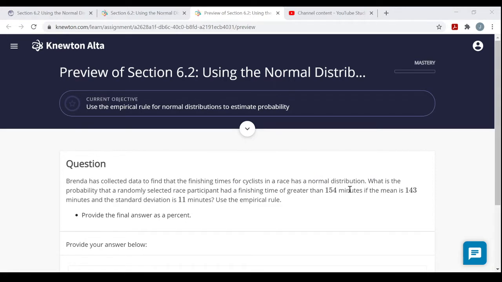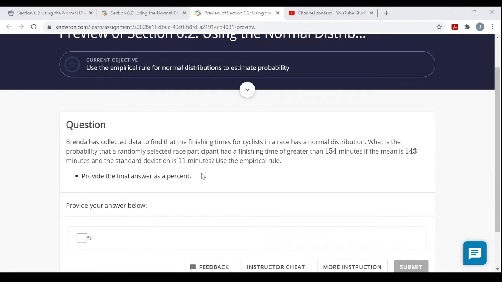See how we're going to use this, and I'll keep drawing lots of pictures of bell-shaped curves to help us find these probabilities. So here, Brenda has collected data to find that the finishing times for cyclists in a race have a normal distribution.